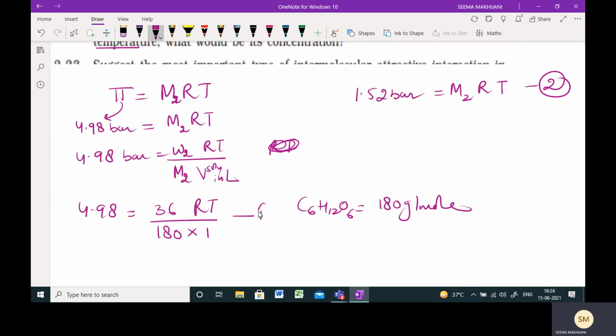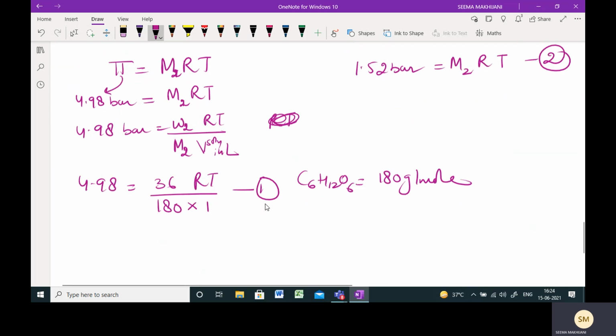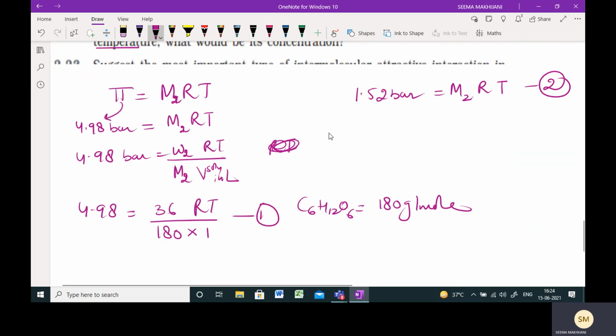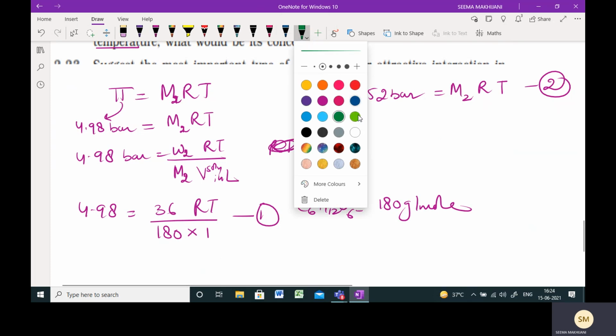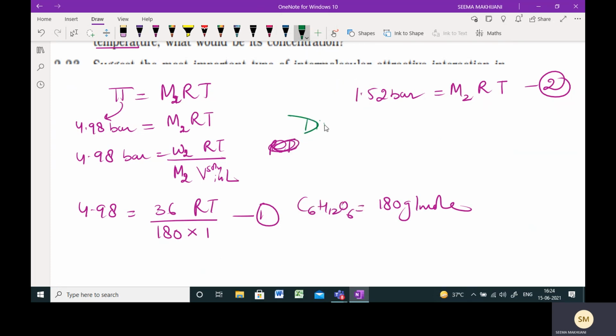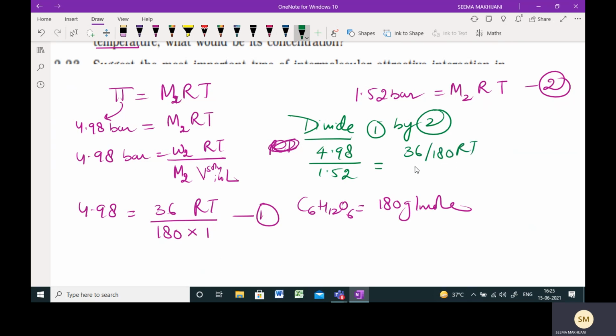Now this is your equation number 1. Have a look at equation 1 and 2. What you need to do is divide. I'll just change the color of the pen so that you get a better clarity. We will divide 1 by 2. So what do I end up with? 4.98 divided by 1.52 is equal to 36 divided by 180 RT, divided by M2 RT.